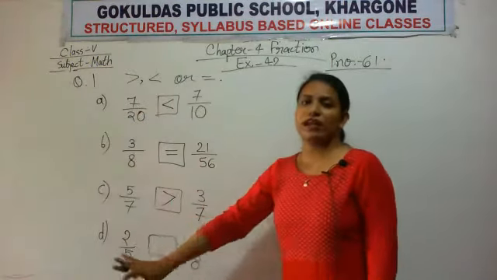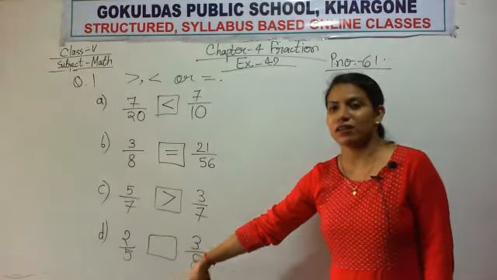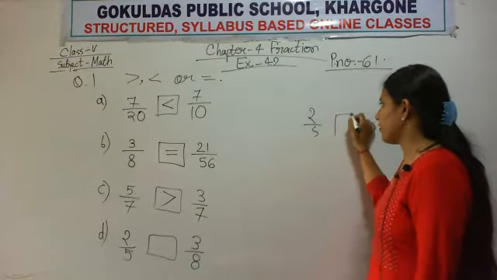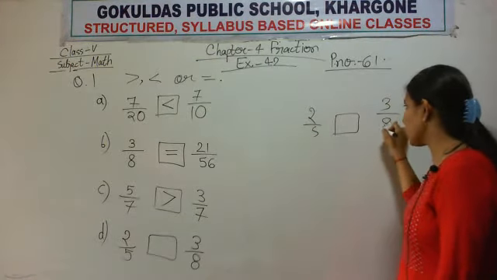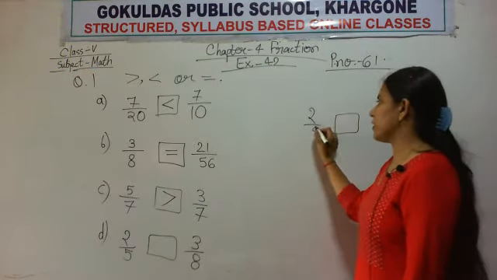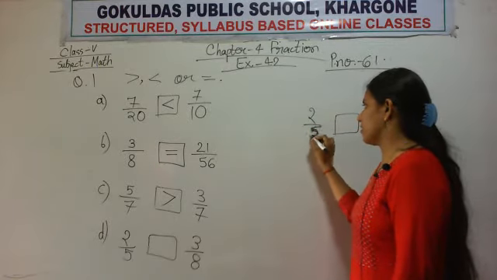I told you that if the second case appears, then you need to make the denominators equal. One number is 2 upon 5, the other is 3 upon 8. How can you make the denominators equal? To make the denominators equal, we can multiply or divide by something.